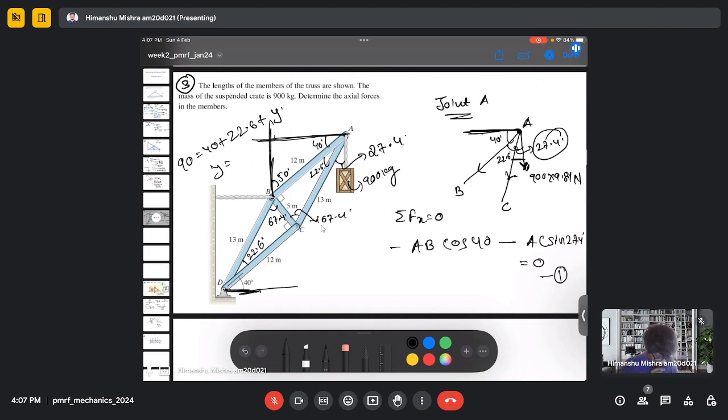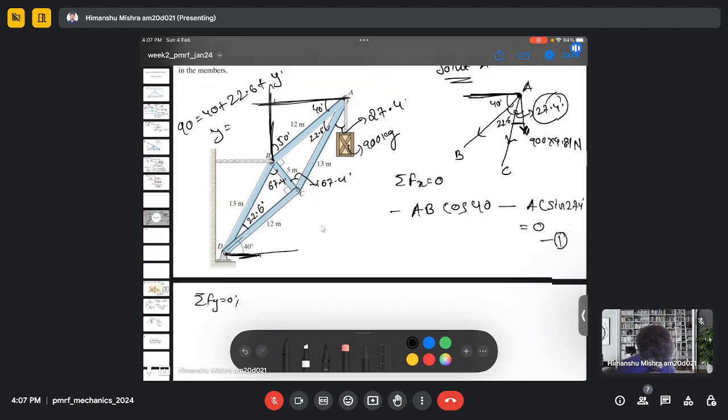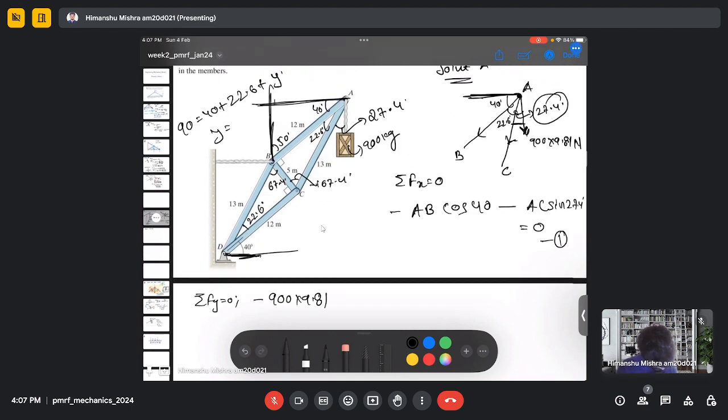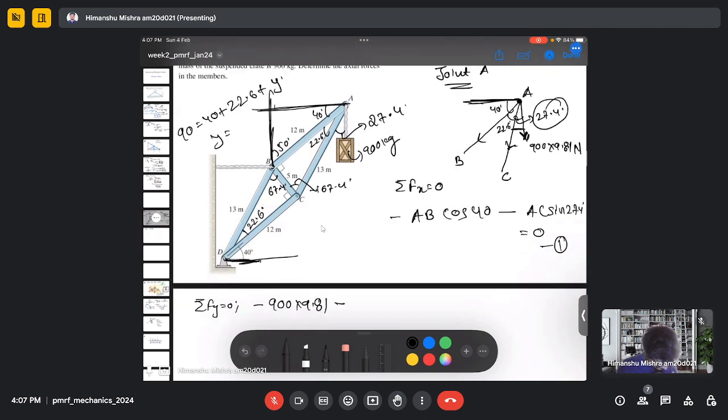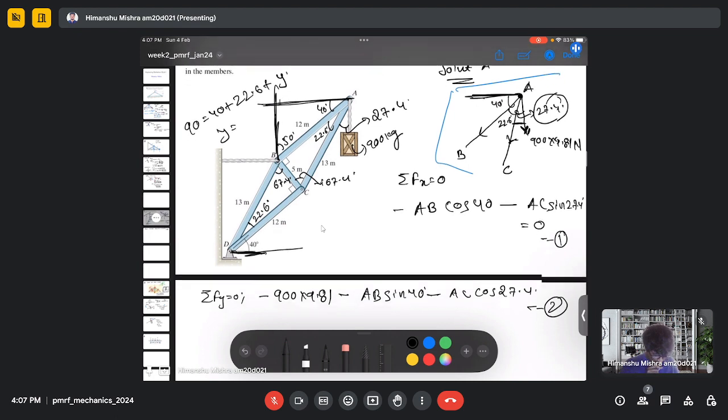So this is my equation 1. And if I do the vertical force balance, then I will have minus 900 multiplied by 9.81 minus AB sine 40 minus AC cos 27.4. We just need to focus on this schematic to get the components. So we can write down equation 1 and equation 2 now, and we can solve these equations together.